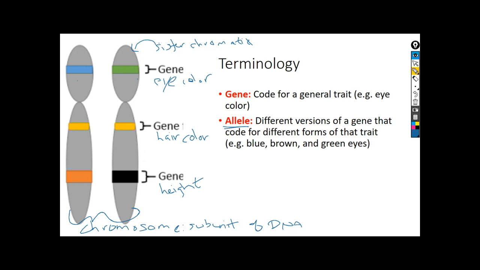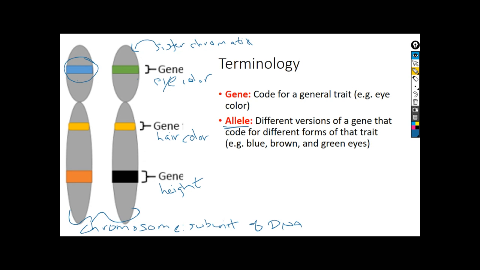So if we focus on the top one that we've been working with, okay, this is my gene for eye color, and I happen to have 2 different alleles for eye color, right? Let's say this is the eye color or the allele for blue eyes, okay, the variation of the eye color gene that makes blue eyes.